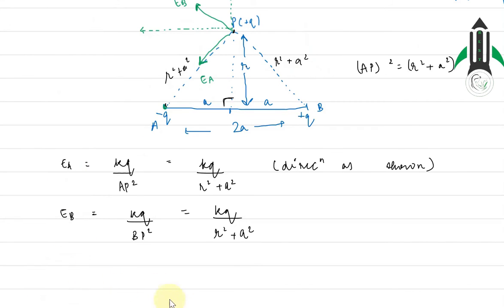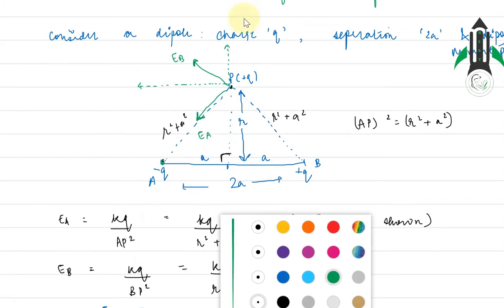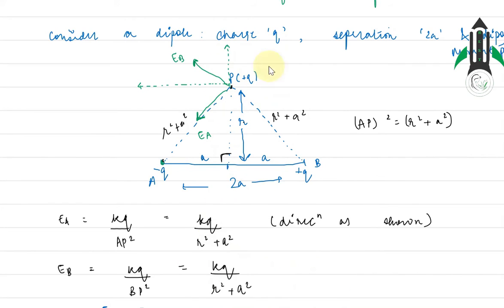Now we can see that EA is equal to EB. If we just take the magnitude of both, these both are equal. So to find the net electric field, we'll resolve EB and EA into components. We have resolved them already here, this and this.